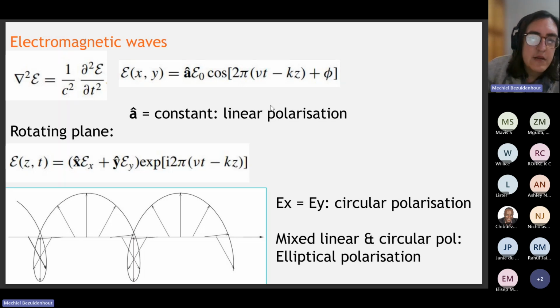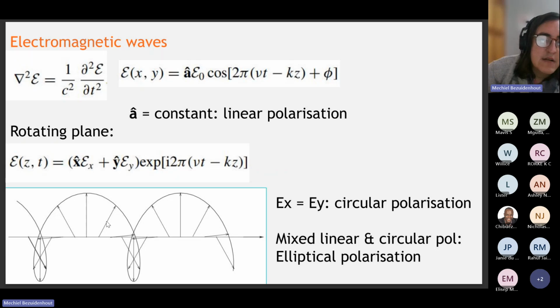If that angle of polarization is changing, we can define this equation in terms of values Ex and Ey. And if Ex is equal to Ey, as you can see in the picture, the plane of polarization is turning in a circle.